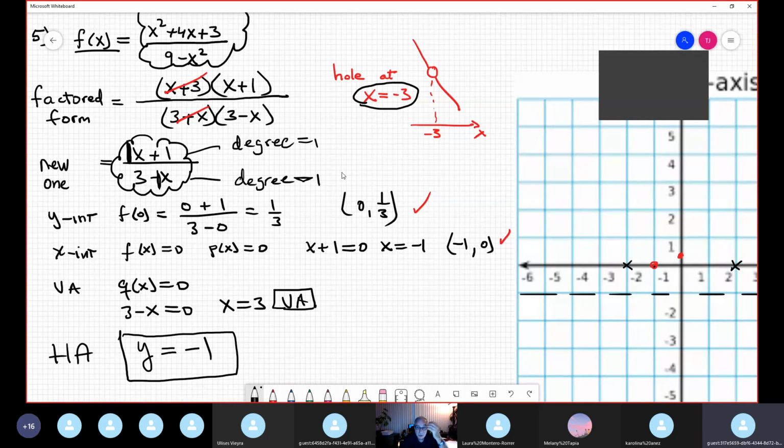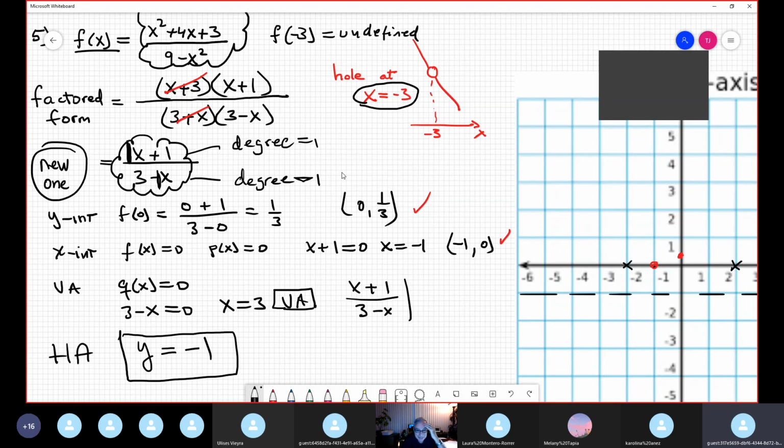That is a reason to get the hole. So f of -3, I know it's undefined.